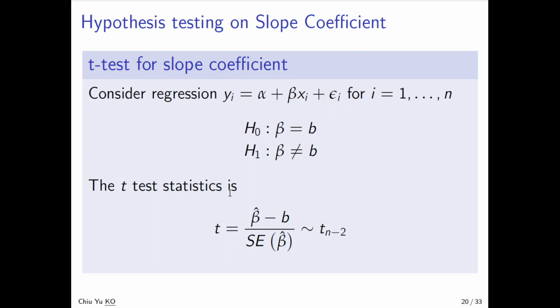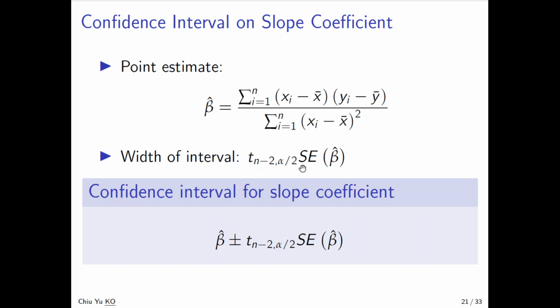Again, we can do hypothesis testing. We usually try to see whether the coefficients are 0 or, in general, equal to some number b. Same idea as the intercept, we take beta hat minus b over the standard error of beta hat, which follows a t distribution with n minus 2 degrees of freedom.